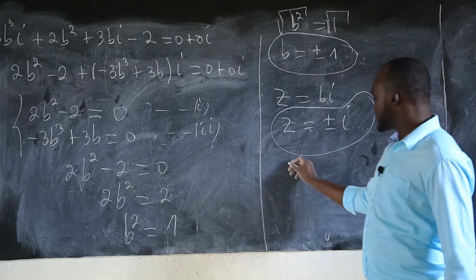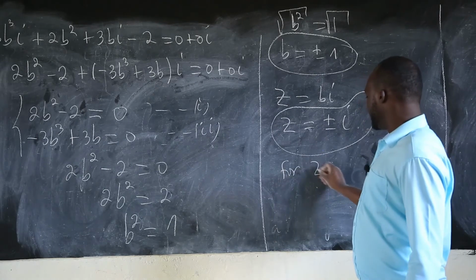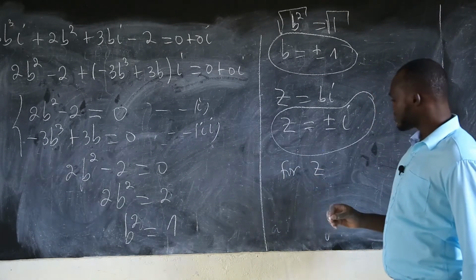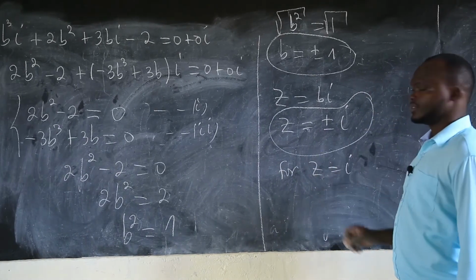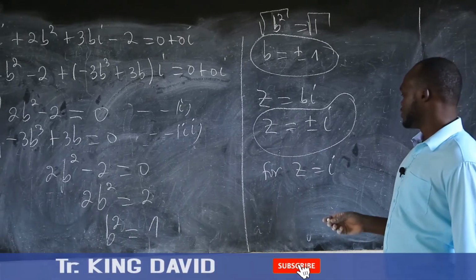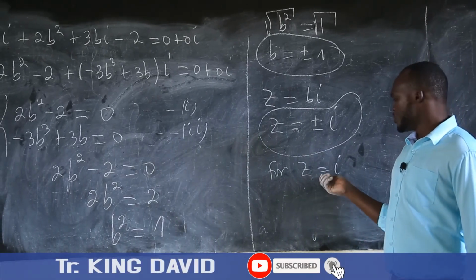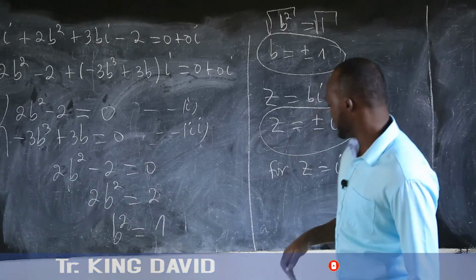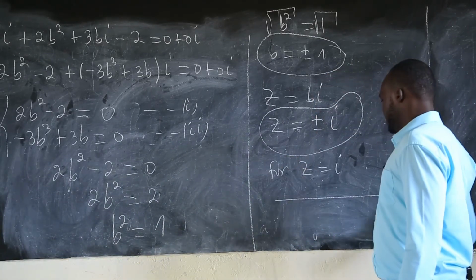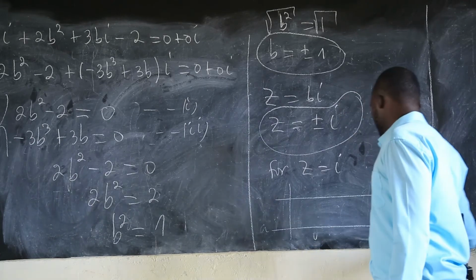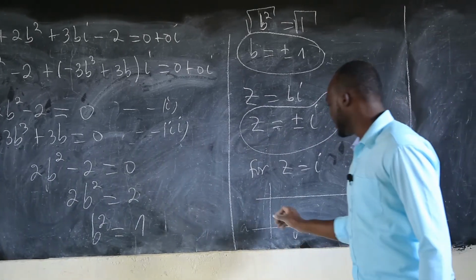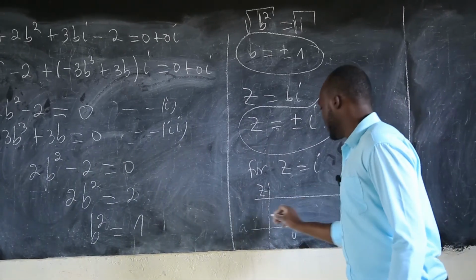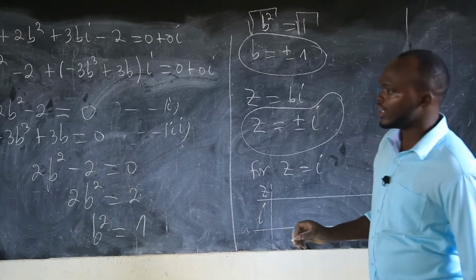So for z equal to i, we use it to solve that third degree polynomial. We have z, and our root here is i, and the polynomial is third degree.